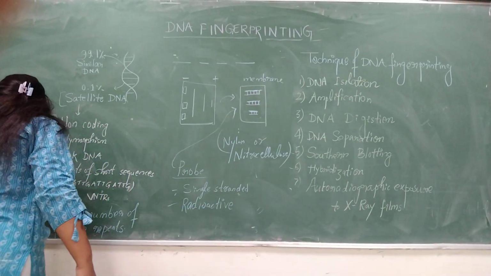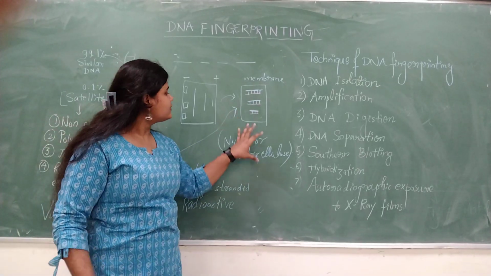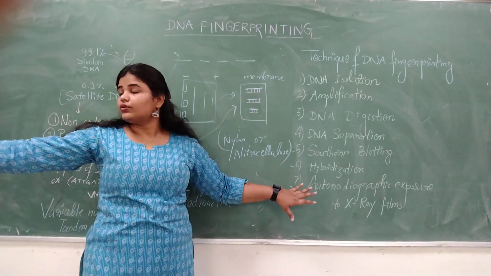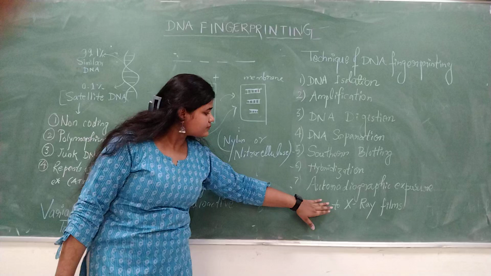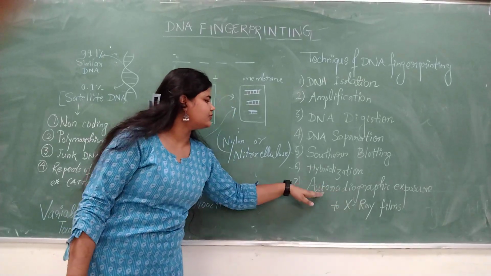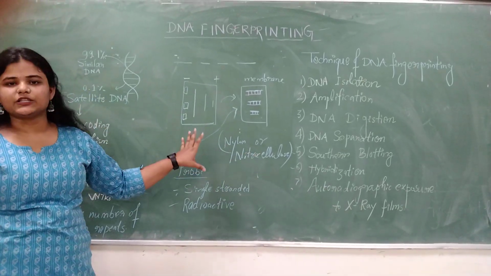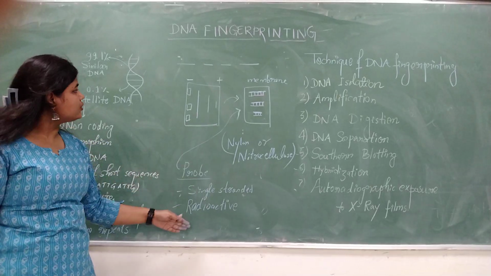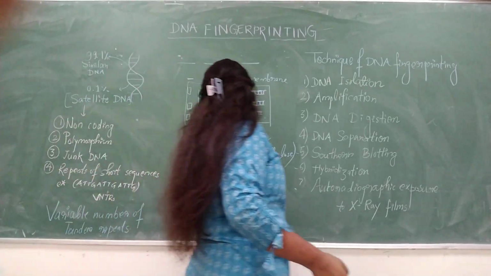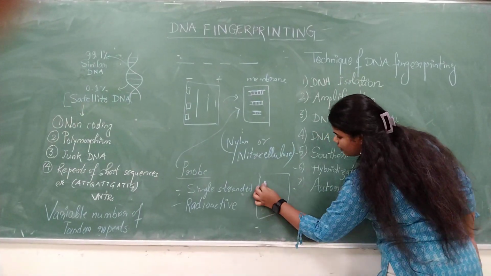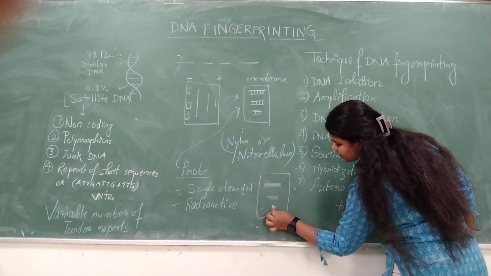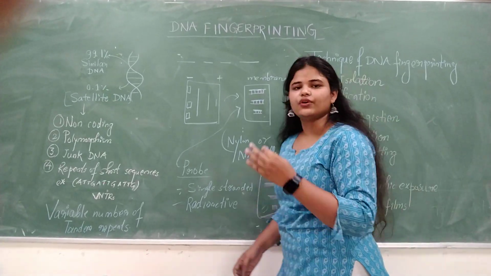Now we will take an X-ray film of the autoradiographic exposure, and then we can see the dark or light bands in the X-ray film.